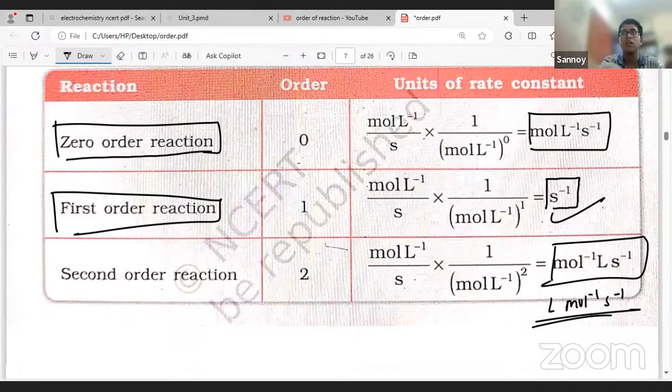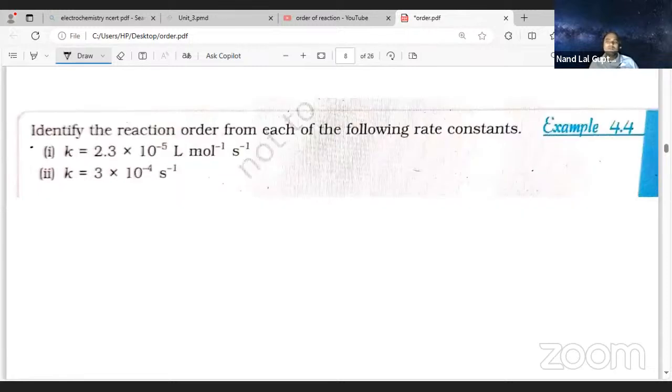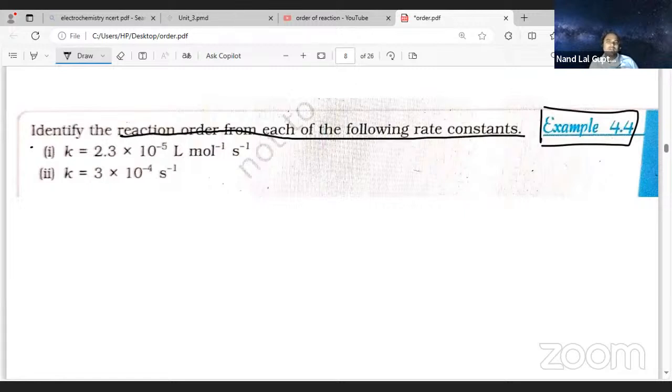Okay, thank you. I'm giving you the question. Example 4.4 from the NCERT book. Identify the reaction order from each of the following rate constants. The rate constants are given and they are asking you to tell the order.